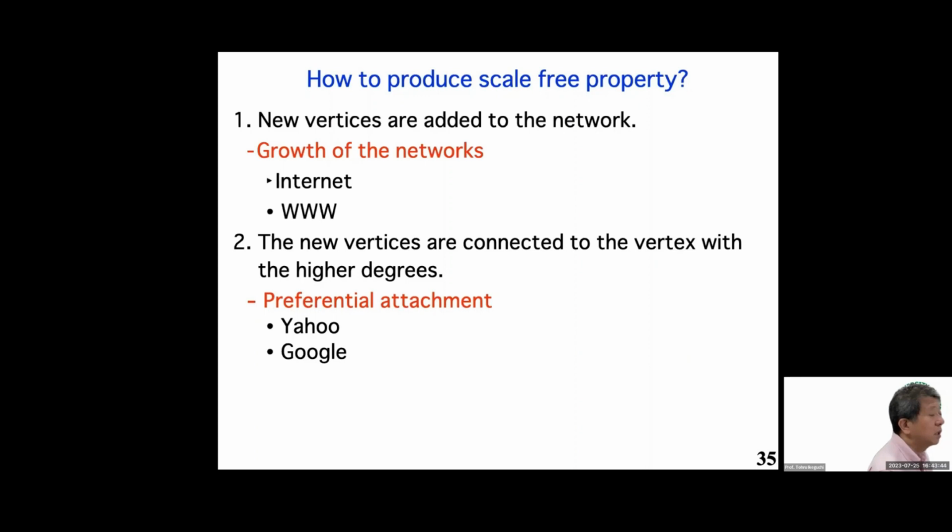This feature can be easily understood if, for example, you create a web page, probably writing it in HTML, and you will also write links from your page to very famous pages, Yahoo or Google, and so on. Barabási and Albert call this property preferential attachment.